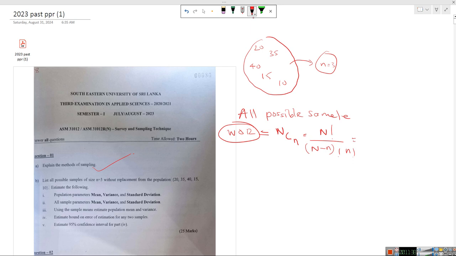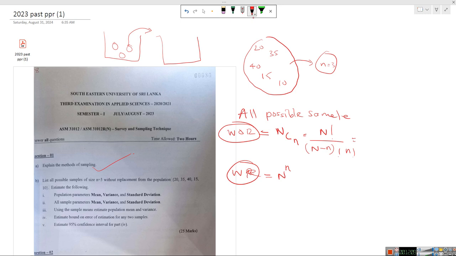Now if it is with replacement, but this is not asked in the question, anyhow I am just introducing the equation for you, that will be N power n. With replacement means like this. For example, if you have 3 balls in the box, in the first trial, if you take this ball out, and in the next trial you don't put the taken ball into the container again, then that is called without replacement.